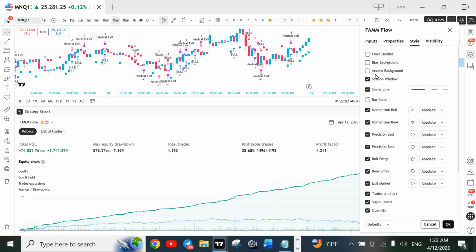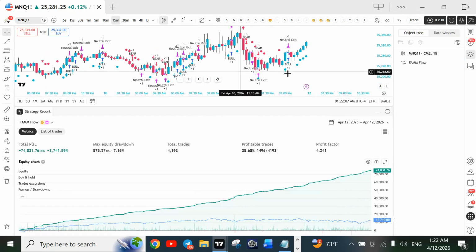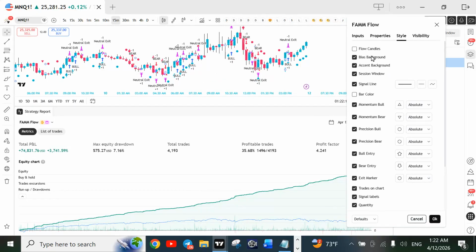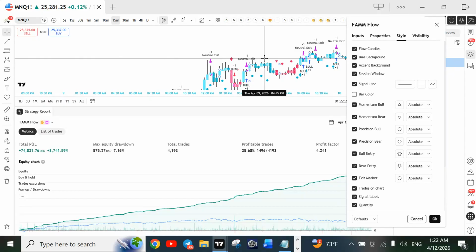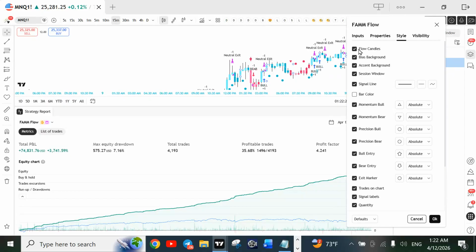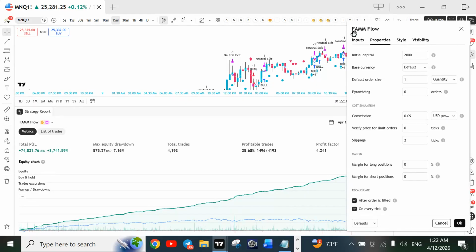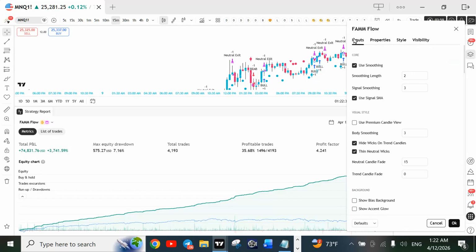That's what that looks like. Accent background, bias background, flow candles, right? Doesn't look bad. I'm just saying, you can have these unchecked. Okay. Outside of that, all of these remain the same. And yeah, that's good to go.